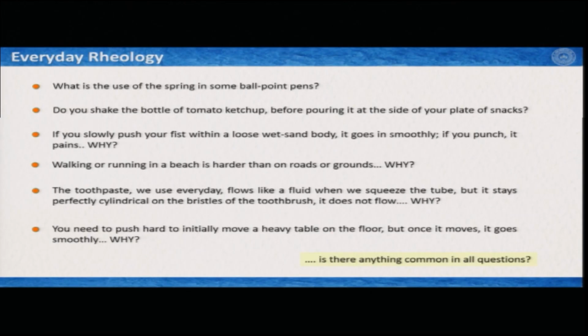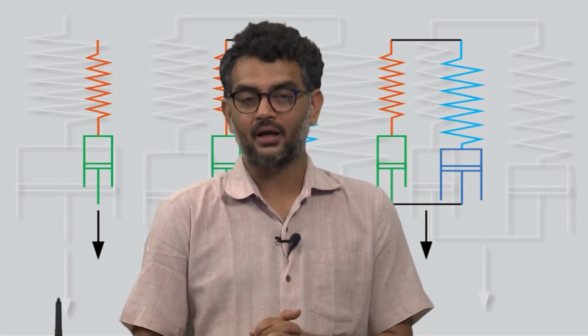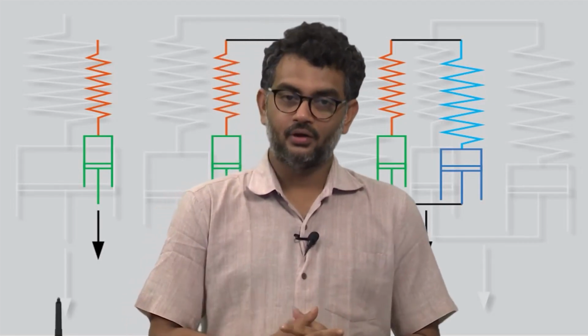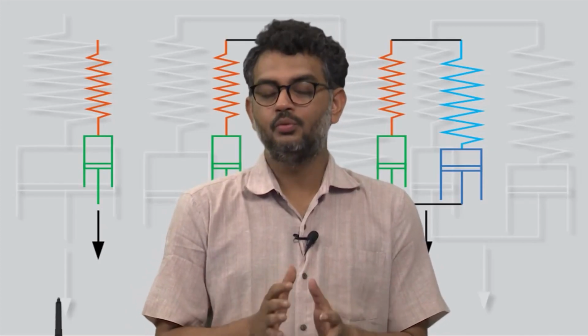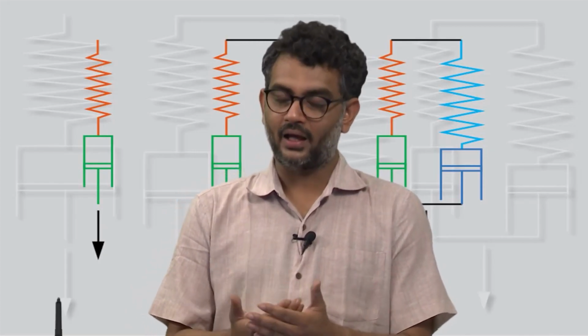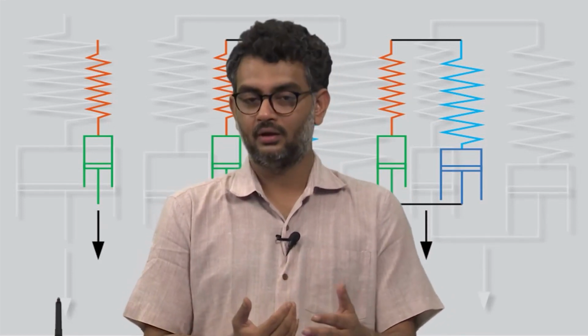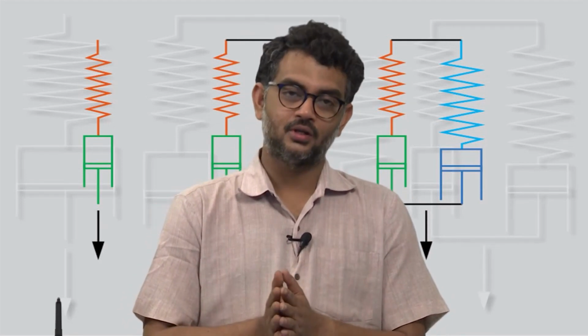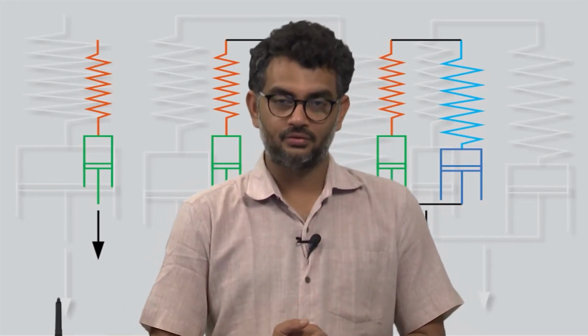I request you to review all these questions, and I am sure you can now understand the processes of all these mechanisms in terms of rheology. So, I repeat, in most things where some sort of force is required to move something, the best way to explain is using the three basic rheologies or combinations of them.